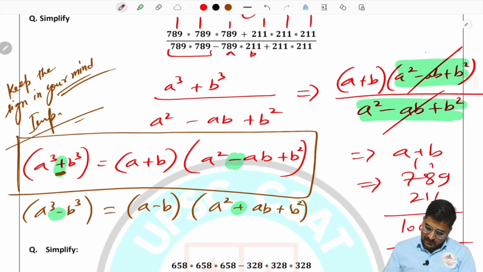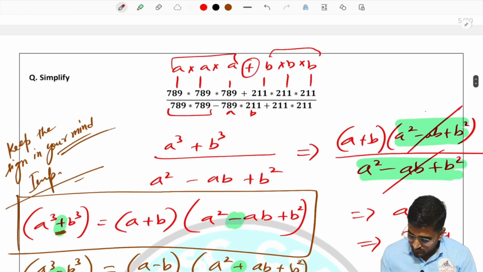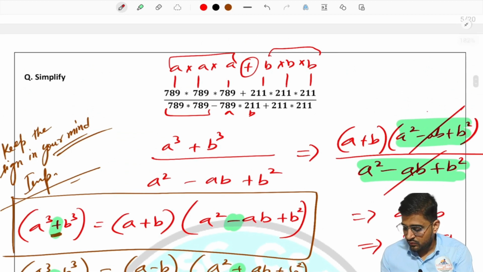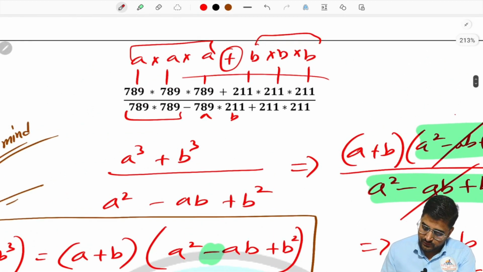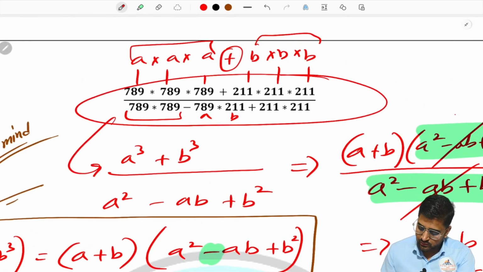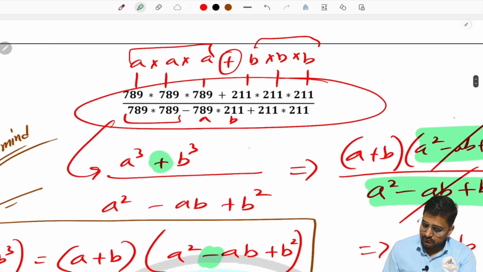Now again a shortcut. If I were you, first I confirm this: is it in this format or not? Then I take care of the signs, is it positive or negative. If this comes, and you know that in case of positive, the other section you have the negative, and if this denominator has the negative, then it's going to be cut only.